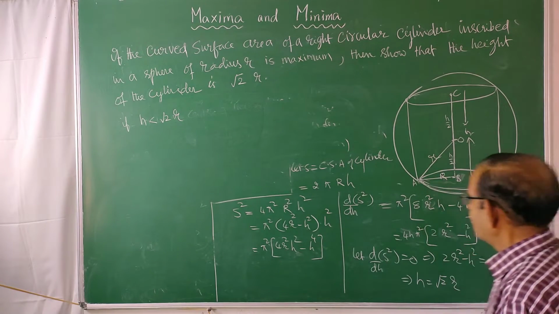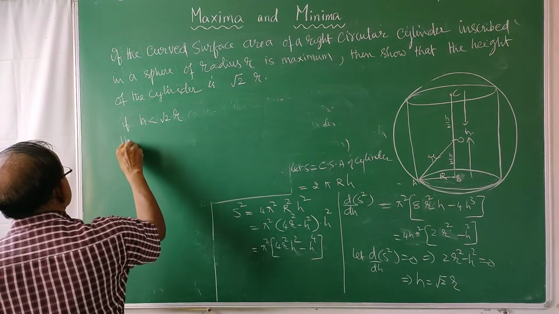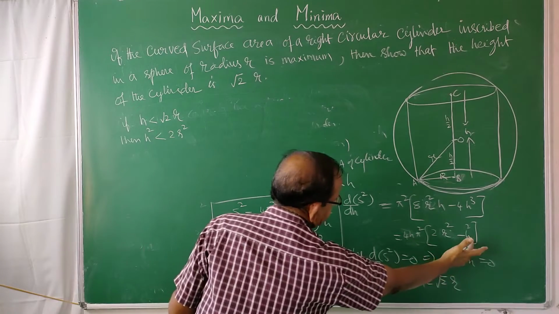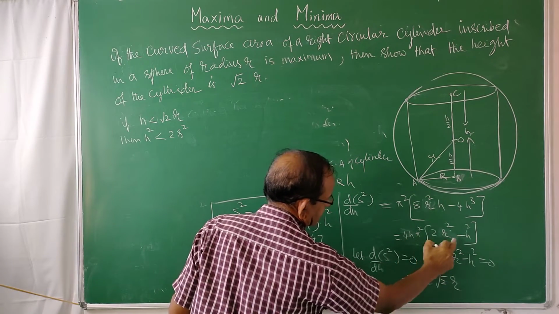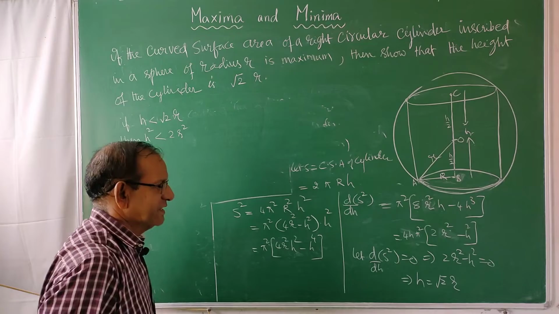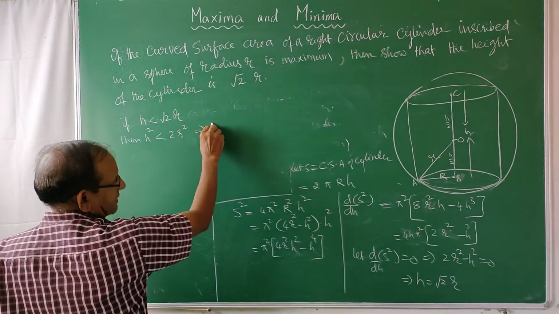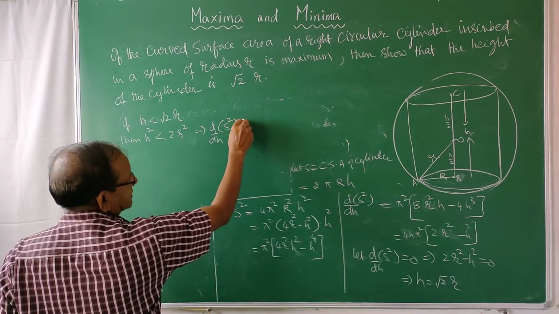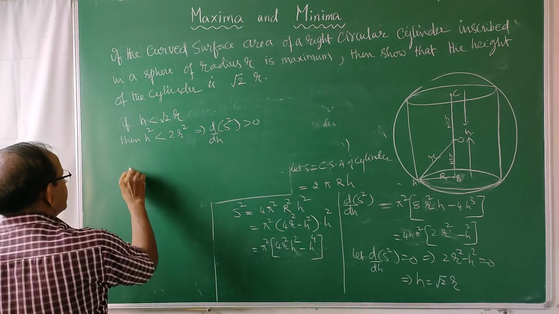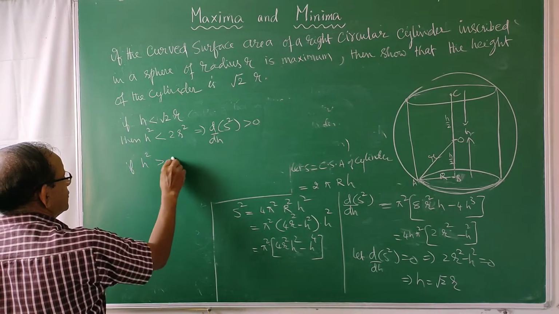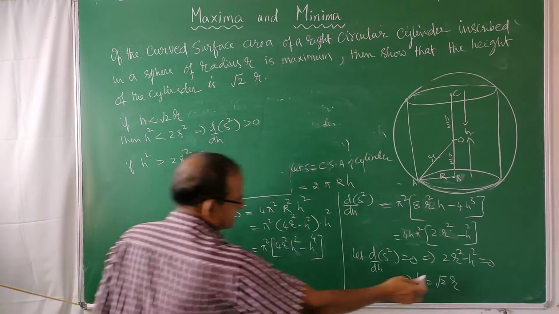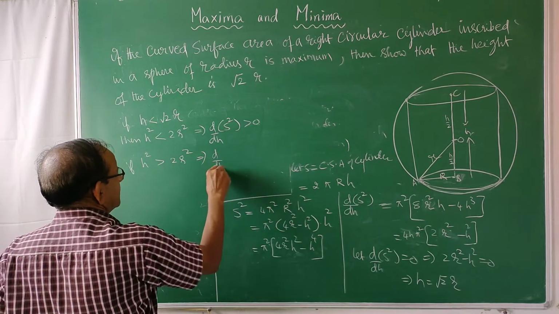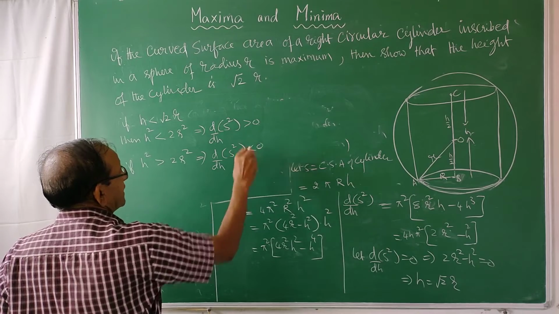If h square is less than 2r square, this is positive because 2r square is more than h square. So d by dh of s square is positive. In the other case, if h square is greater than 2r square, this will become negative. D by dh of s square is negative.